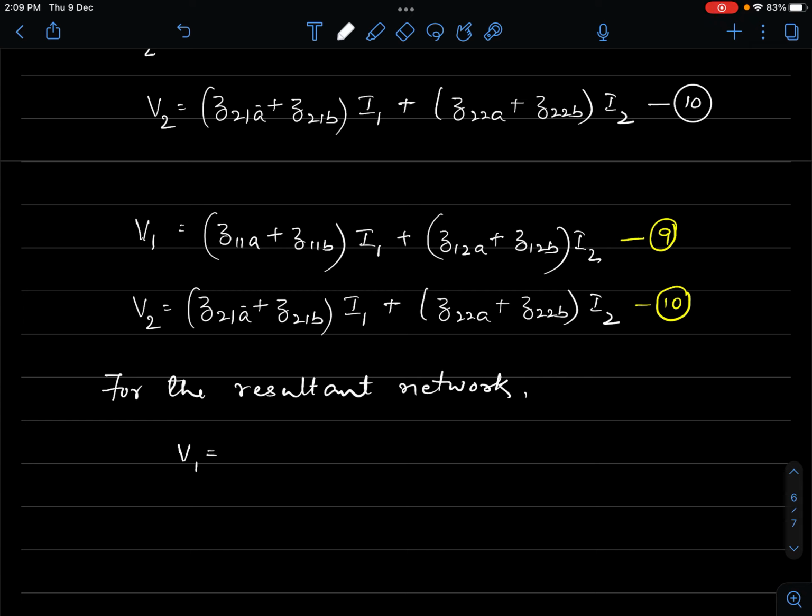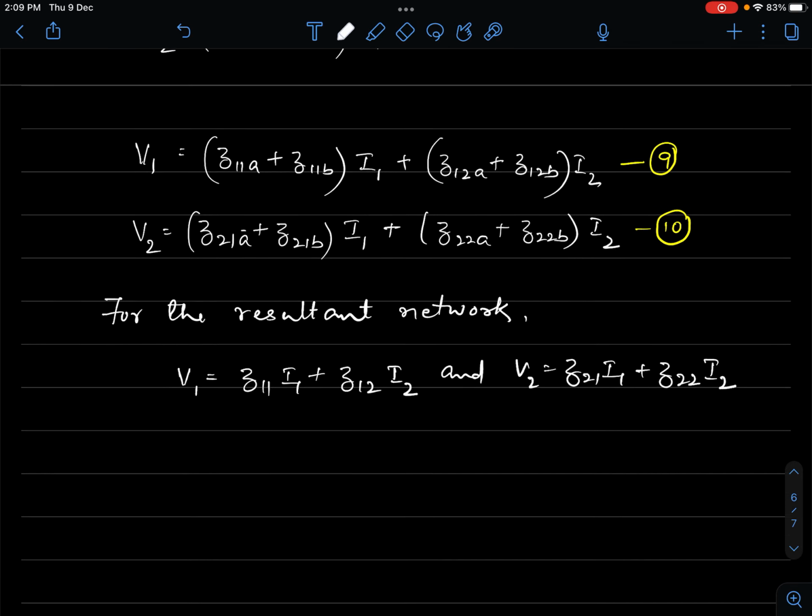For the resultant network, we can simply say V1 equal to Z11I1 plus Z12I2 and V2 equal to Z21I1 plus Z22I2. This is how Z parameters are connected.